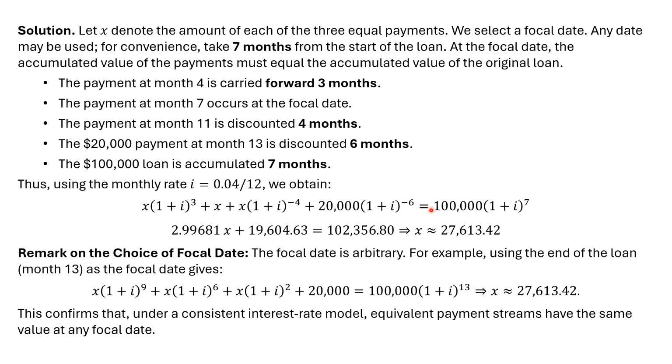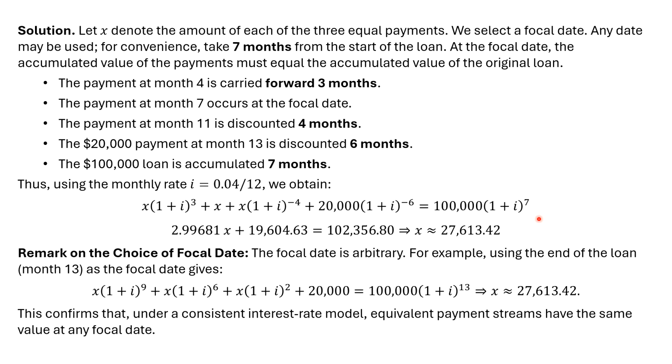That needs to equal this. And then we subtract the 19,604.63 from this number here, and then divide by this, and we get X. So it's roughly 27,613 in some odd cents.